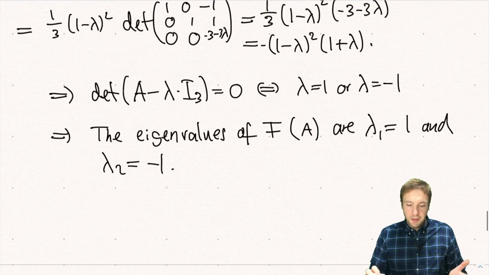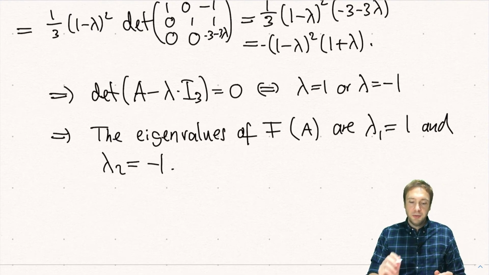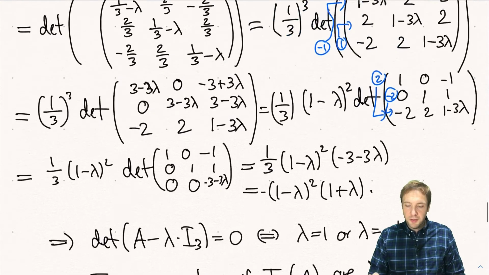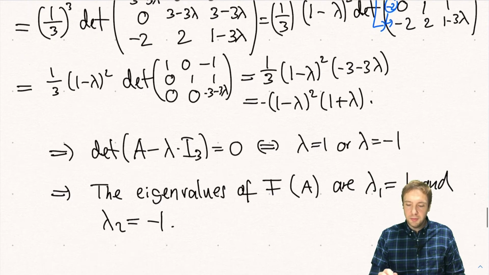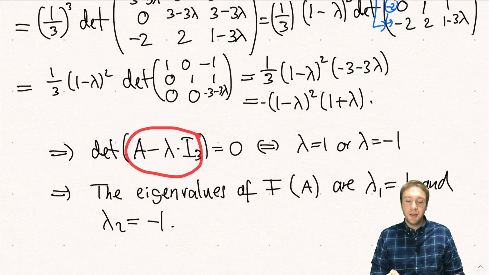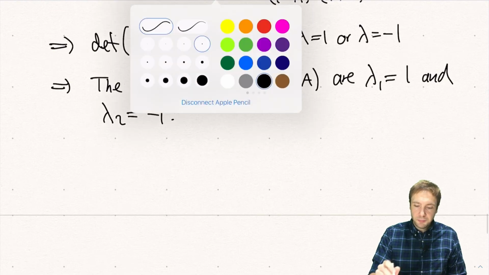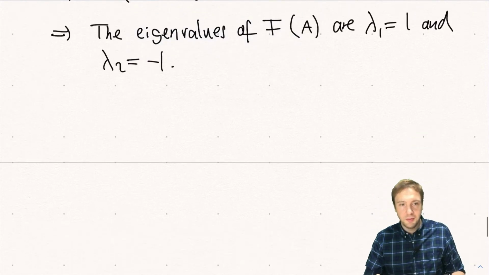Okay, so these are the eigenvalues, and now what are the eigenvectors? So we know now that if I use one of these two lambdas, then this matrix here has a kernel which is not just 0, but there are more vectors inside, and these non-zero vectors are the eigenvectors for this lambda. So let's calculate them.